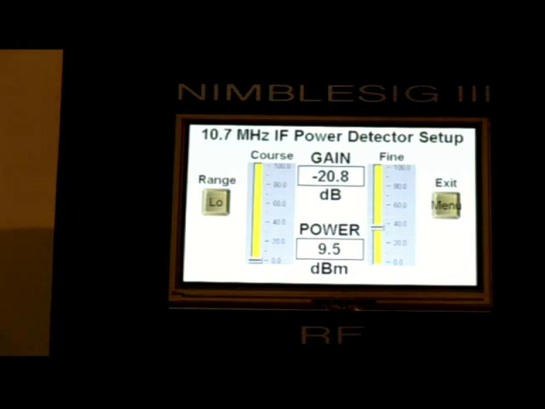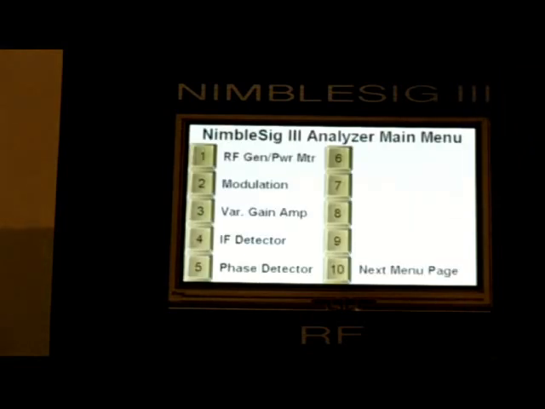And with all this versatility, the NimbleSig III RF Analyzer can be adapted to many test environments to match up the levels and to make measurements on external devices under test. And with that, that's the end of this demonstration. Thank you very much.